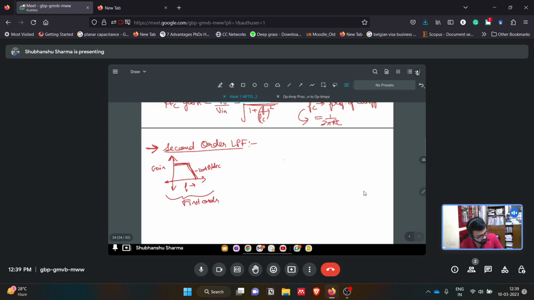But in second order, we will get a roll off of minus 40 dB per decade. So this will be nearer to the ideal characteristics of the op-amp.